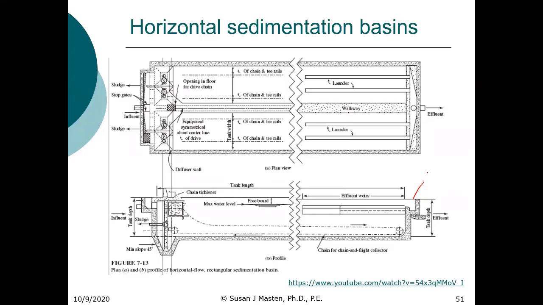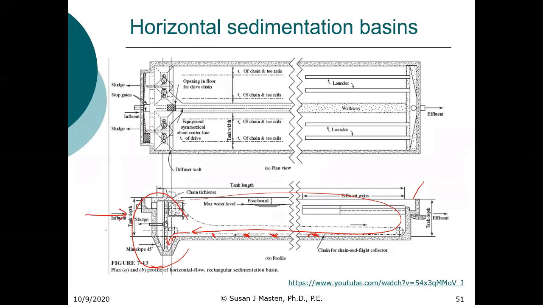But often there is a scum trough here, but what happens is this mechanism circulates like this, and sludge then is pushed along the bottom. So you've got on this flight some sort of essentially feet that push the sludge into this hopper.